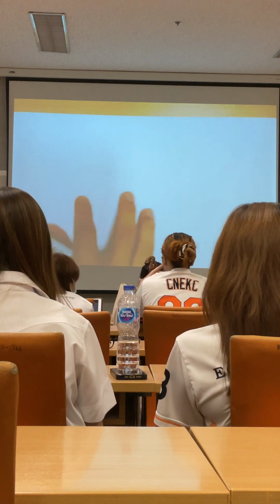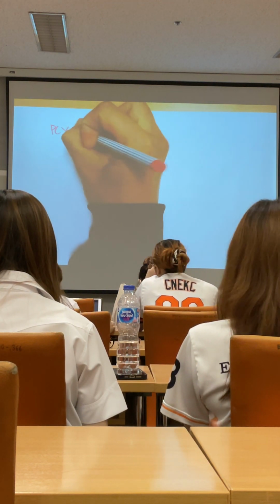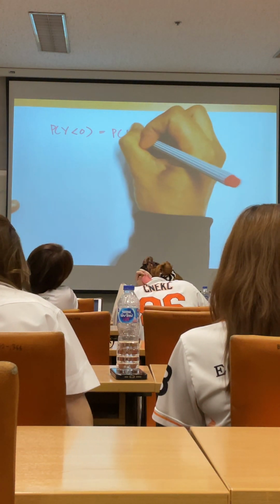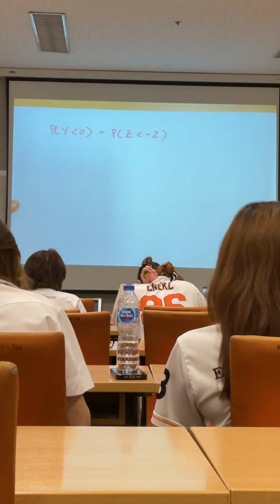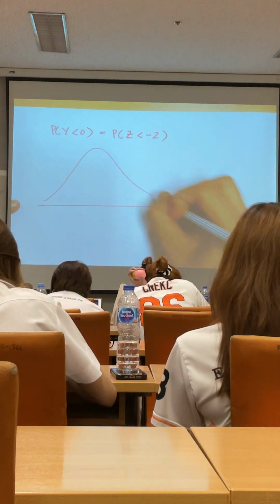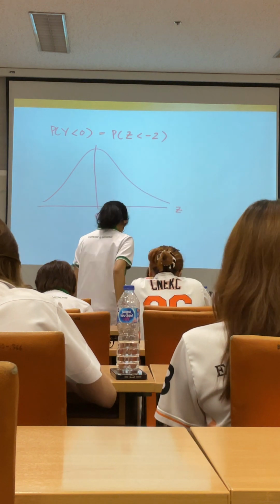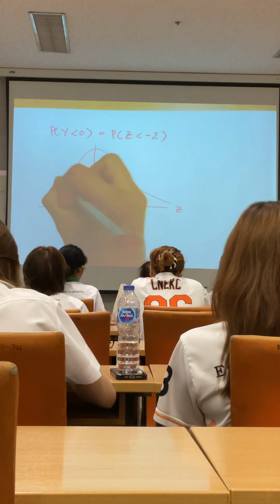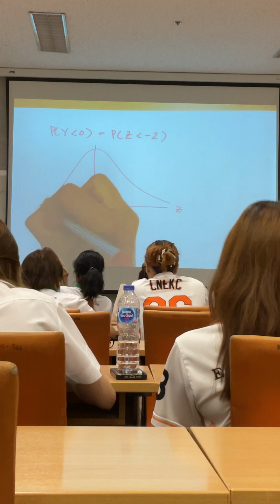In this question, we want the probability of Y less than 0, which we already said is equivalent to the probability of Z less than minus 2. Now if I draw the graph of Z, the mean is 0, so negative 2 is here. What you want is the probability of Z less than negative 2, so you want this area.